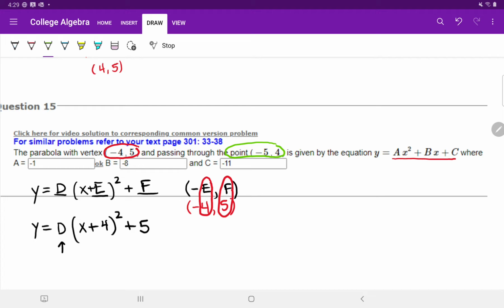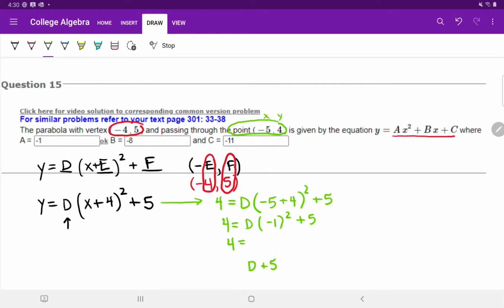So negative 5 here would be an x value, and 4 would be a y value. So I can use that in this equation to figure out what d is. So if I take 4 and plug it in for y, equals d times, and then take negative 5 and plug it in for x, I'm going to be able to solve for d. So that would give me d times negative 1 squared, which will give me positive 1, so that'll just be d plus 5.